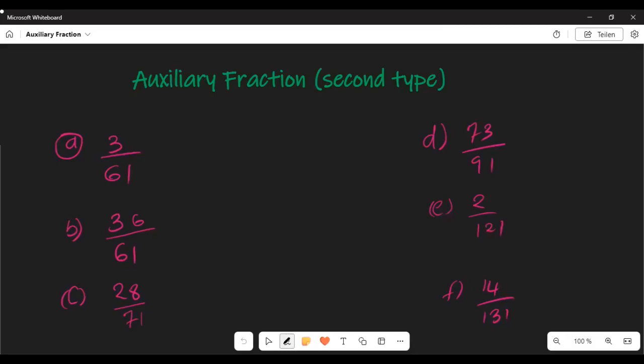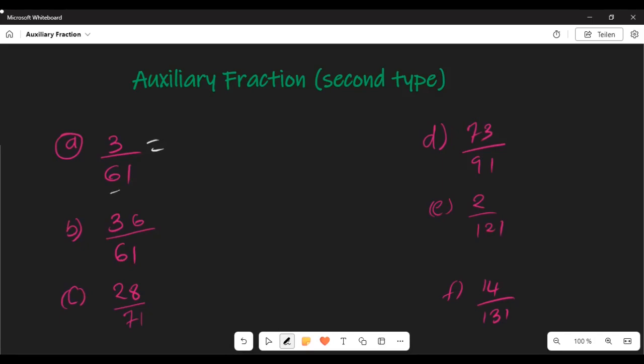For denominators that ended in 9, we had to promote it to be a full number. For example, if a denominator was ending with 79, we promoted it to 80. In this one, we're going to demote the denominator. Here, in A, we have 3 over 61.